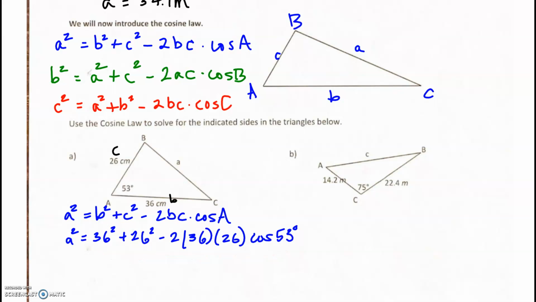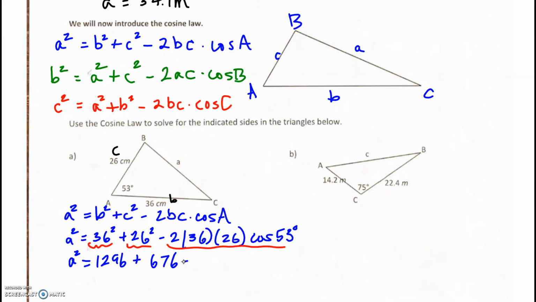You can do individually, get these answers, and then add and subtract them. And that's what I'm going to do. So I'm going to get the answer to 36 squared. So 36 squared is 1,296. And then I'm going to get the answer to 26 squared, which is 676.